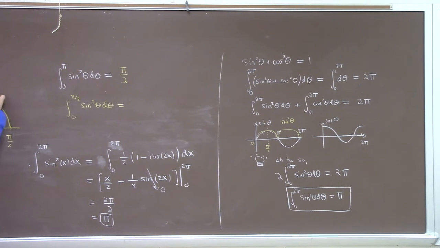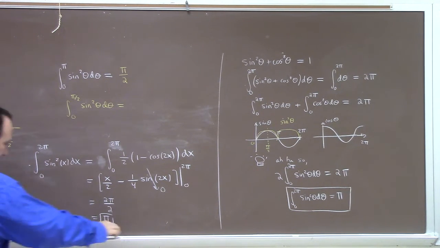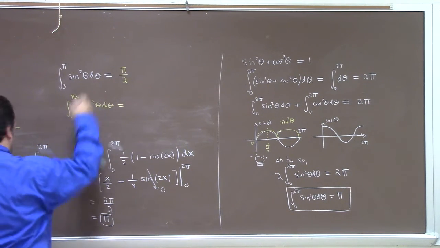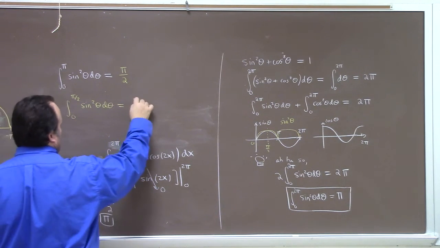And my point is this area is the same as this area, which tells me that if I just integrate from 0 to pi over 2, rather than getting pi over 2 for my integral, I'm going to get pi over 4.